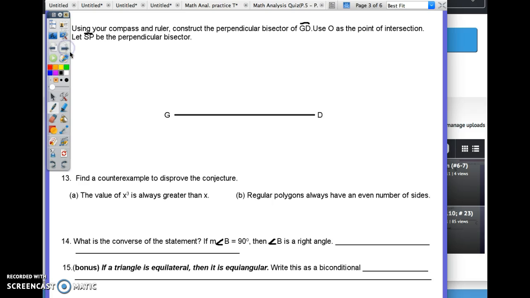Let's see what else we've got here. Using your compass and ruler, construct a perpendicular bisector. Use point O as a point of intersection, and let segment SP be the perpendicular bisector. We did this one in class, so I trust you'll be okay with this.